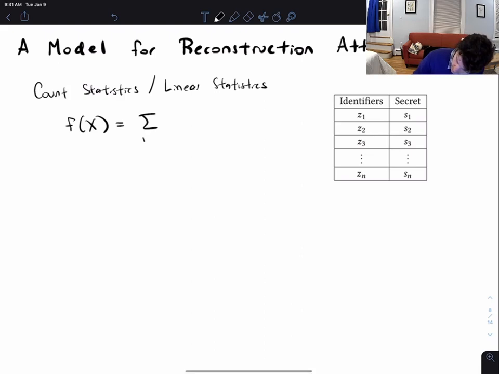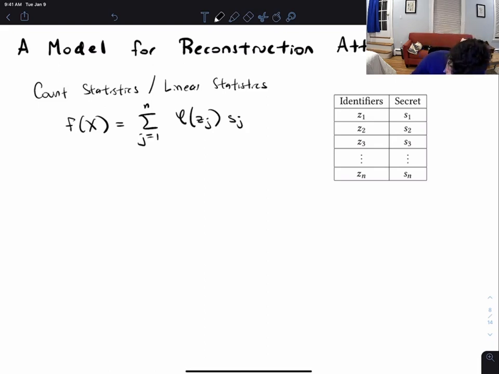We're going to count the sum over all of the individuals in the data set, so j equals 1 to n, of the following thing. We'll have some function phi that takes in zj and outputs 0 or 1, multiplied with sj.